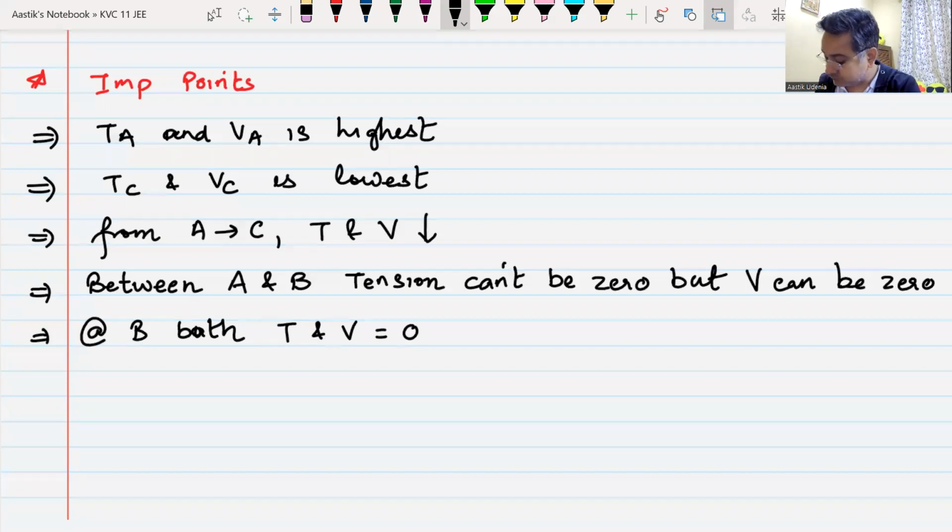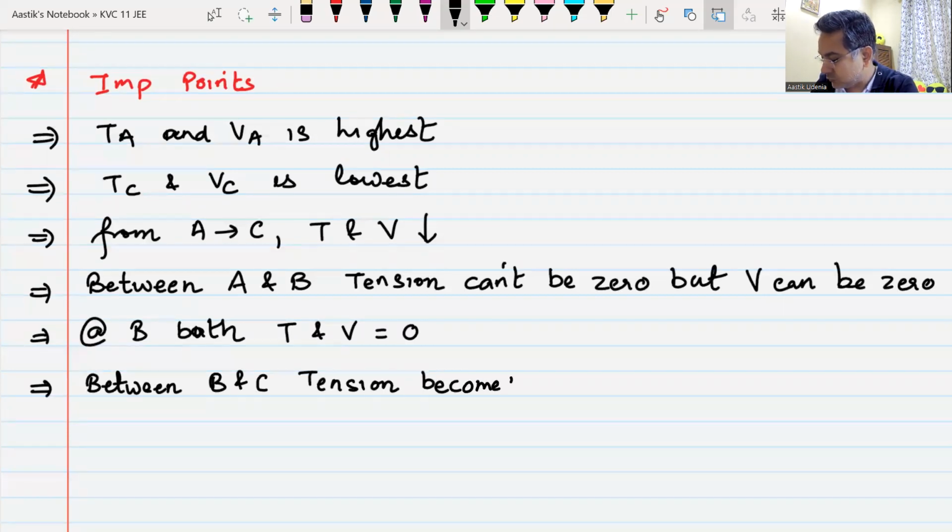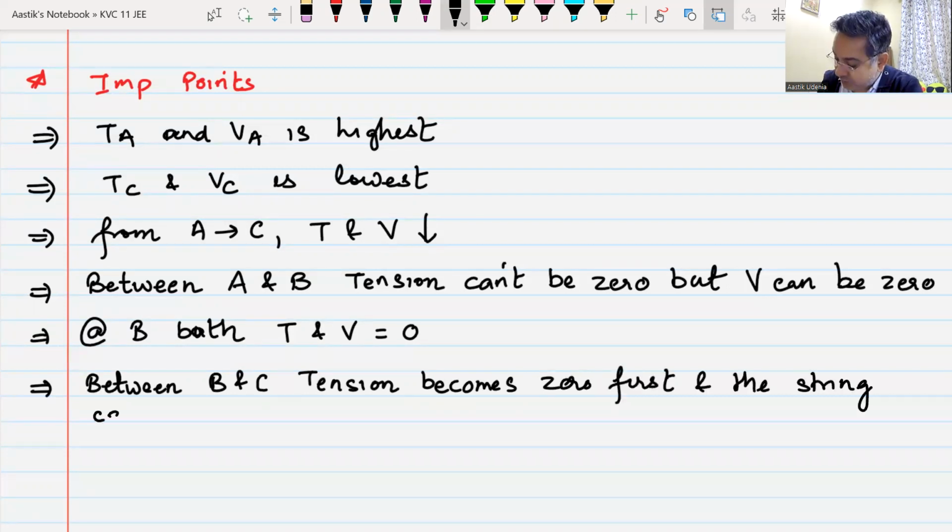Okay. Between B and C, tension becomes zero first and the string can become slack.